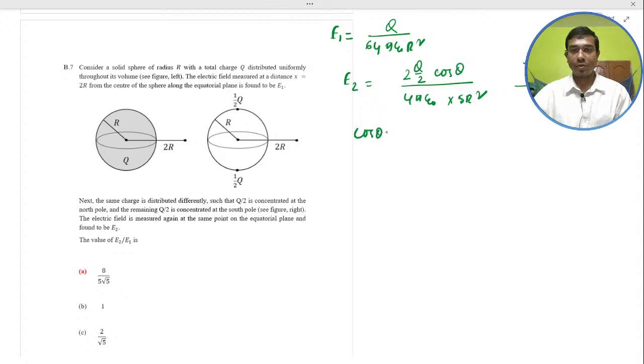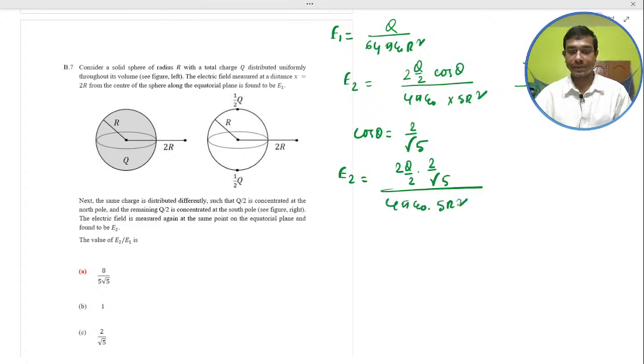Now, the cos theta is 2 by root 5 by this triangle. So, E2 would become what? 2 into q by 2, into 2 by root 5, divided by 4 pi epsilon into 5 r square.